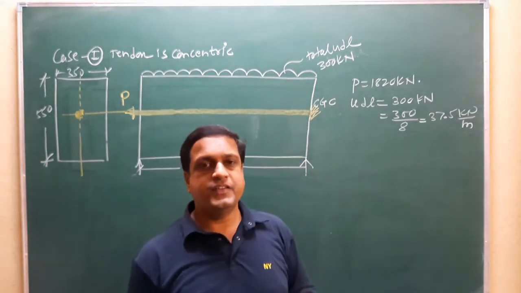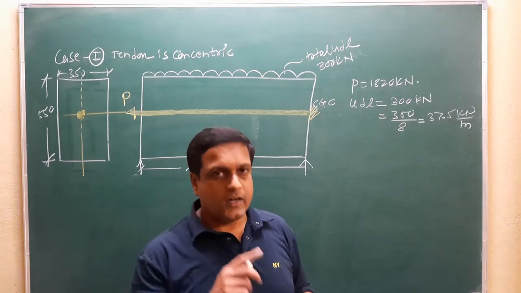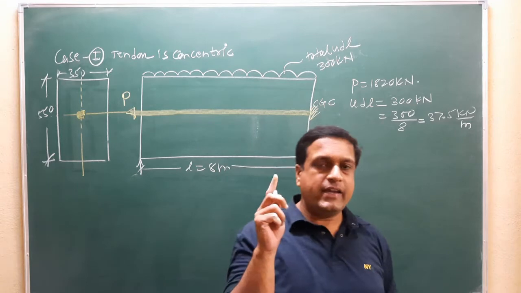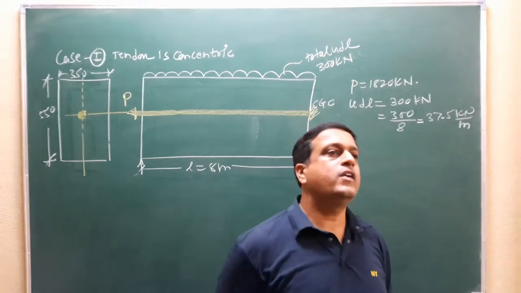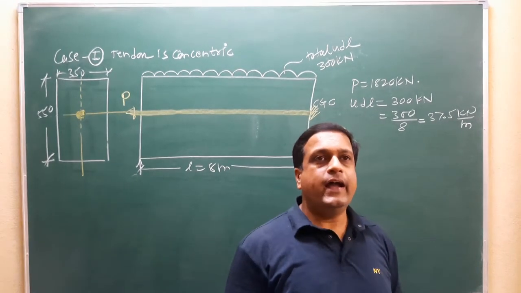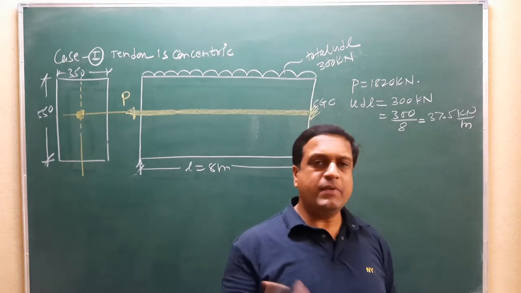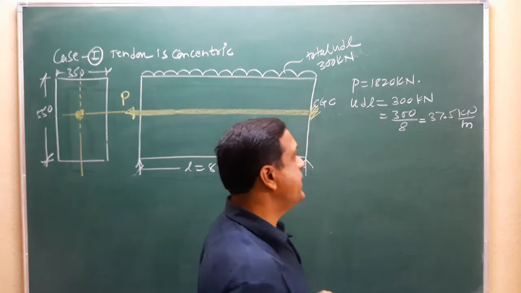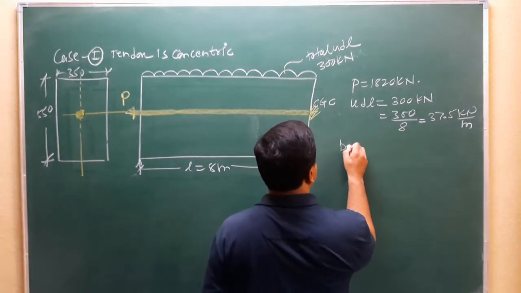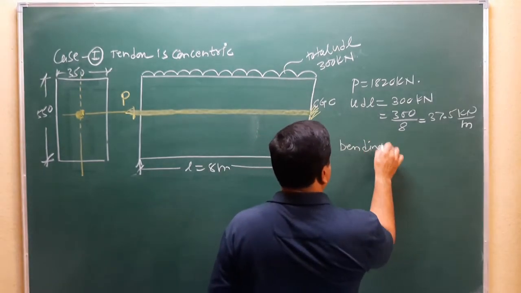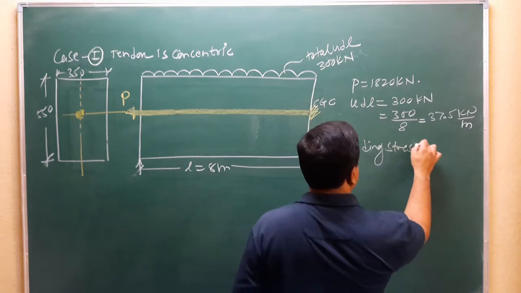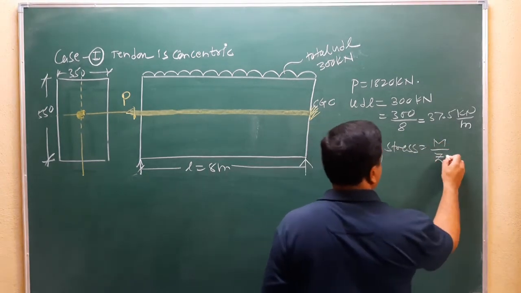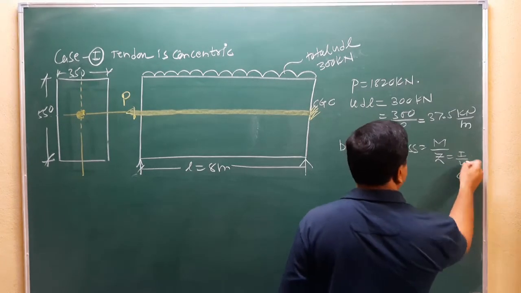The bending stress is M upon I equal to stress divided by Y. That formula we have already known in Sum 1, and with a simple conversion, bending stress is equal to M by Z. Now what is the Z? Z is equal to I by Y.